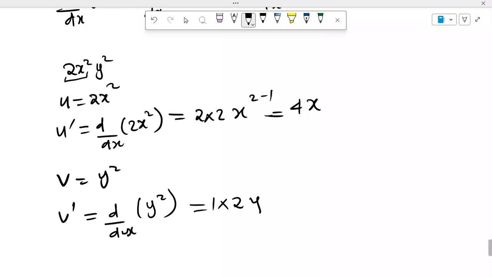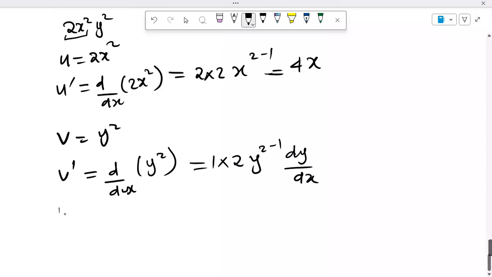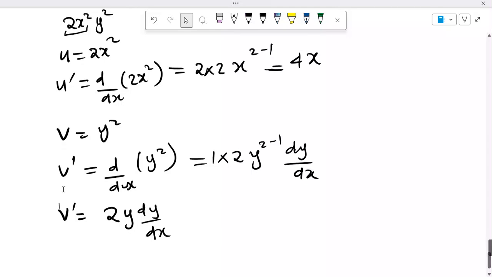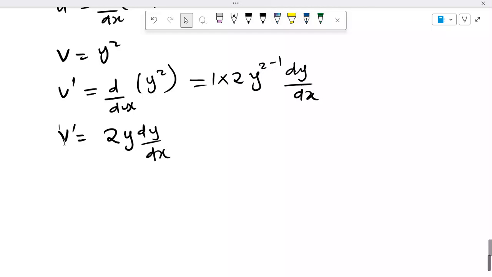Then y to the power 2 minus 1. This is y, so it will have dy/dx. Very simple to follow. So v prime equals 2 times y to the power 2 minus 1, which is 1, so 2y dy/dx.